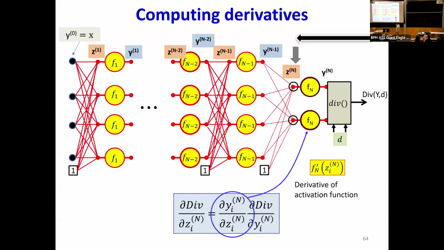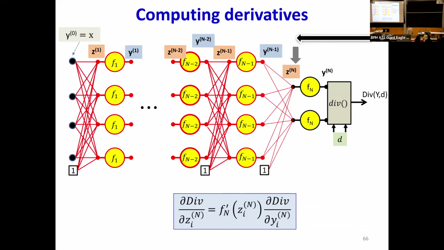This guy here is simply the derivative of the activation function. And so combining the two, I now have the derivative, which is computed at a specific location, which was computed in the forward pass. And so putting them all together, I have the derivative of the divergence with respect to these z's. Any questions? This is absolutely trivial, is it not?